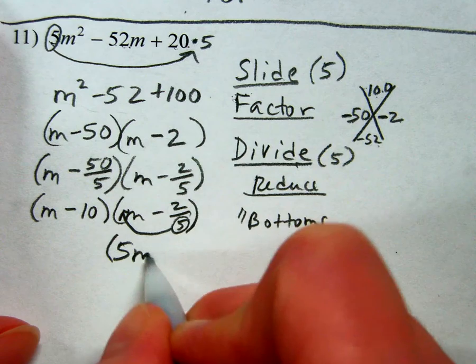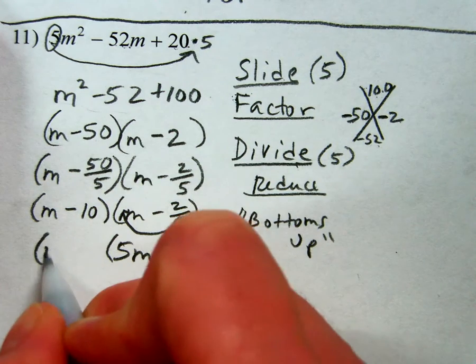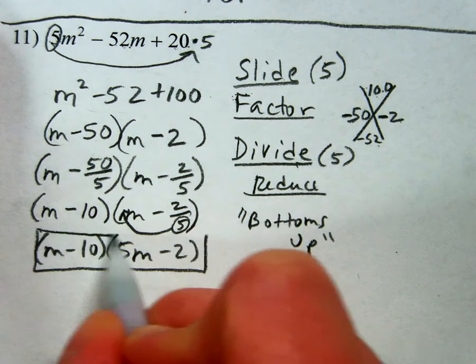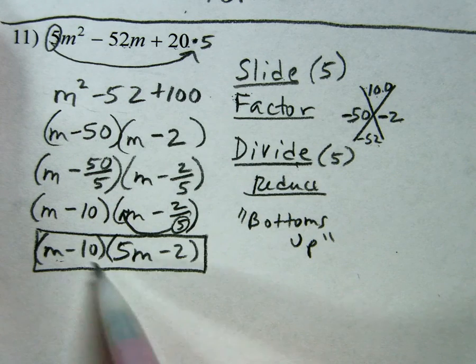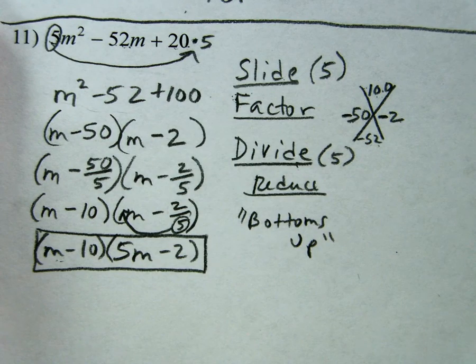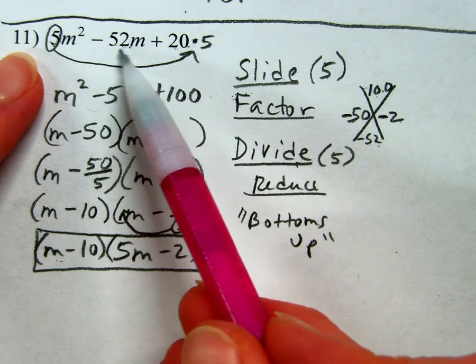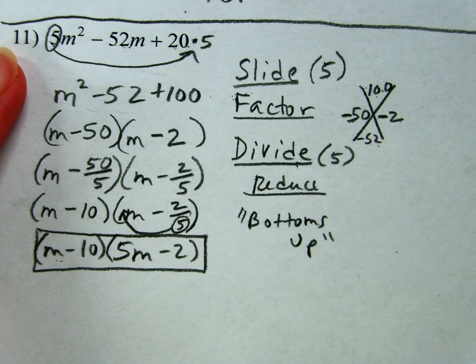So this becomes 5m minus 2, and we keep this as m minus 10. And this is our final answer. This is the one that if you actually multiplied everything out using the FOIL method, you would get the original 5m squared minus 52m plus 20.